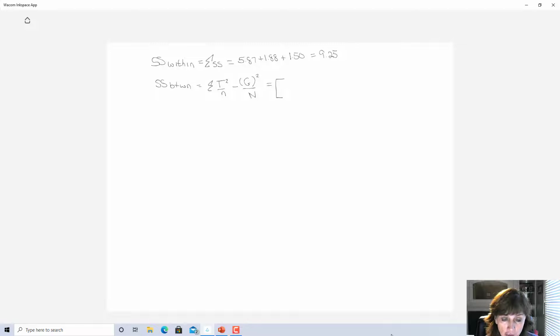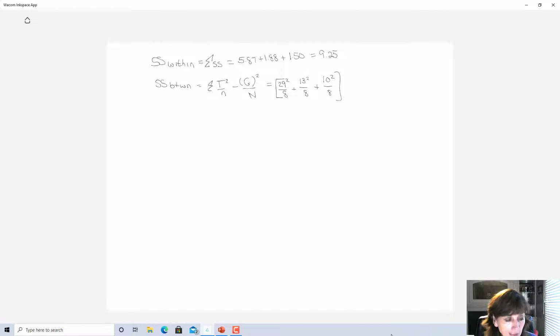So my first T from that table was 29. That was the T for that first condition. 29 squared divided by 8. That's the T squared divided by n there. But I have to do it for each condition. So for my next condition, 13 squared divided by 8. And then for my last condition, 10 squared divided by 8.